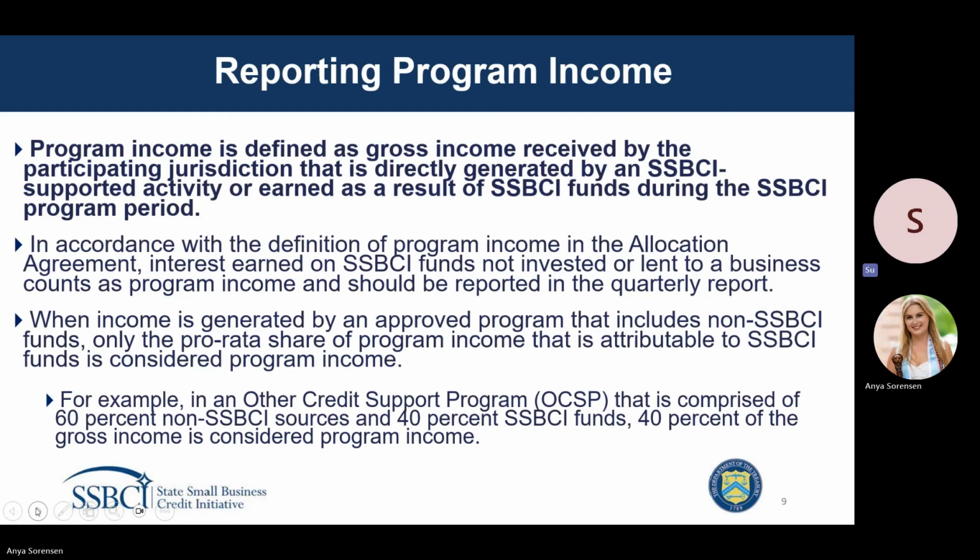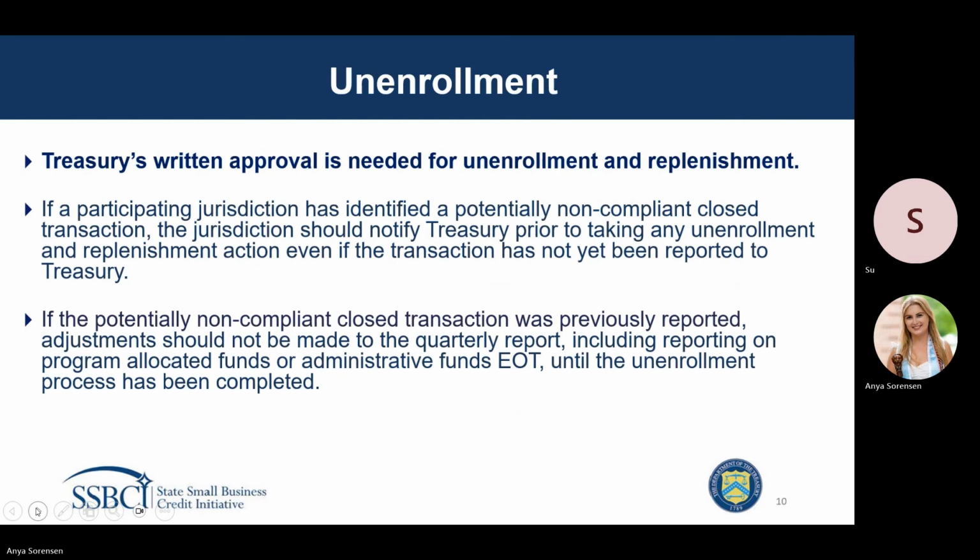Moving on to the next slide on unenrollment. A participating jurisdiction may wish to unenroll a particular transaction or use of administrative expenses from its SSBCI program account if the jurisdiction or Treasury identifies a potentially non-compliant use of funds, or the OIG identifies an instance of non-compliance or misuse not characterized as reckless or intentional.